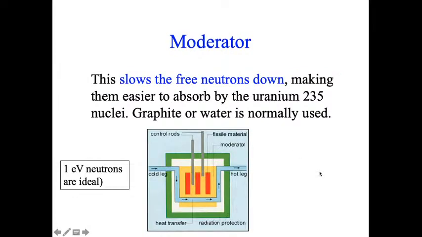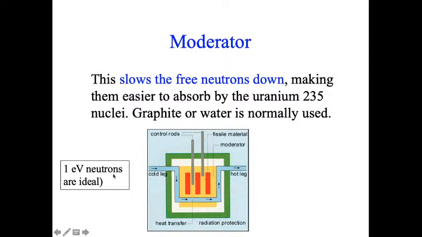All right, we also talked about a moderator. A moderator slows down the free neutrons, making them easier to absorb by uranium-235. The most common moderators are graphite or water. So you actually need 1 electron volt neutrons. That's the energy of the neutron. So they're actually moving really slow.